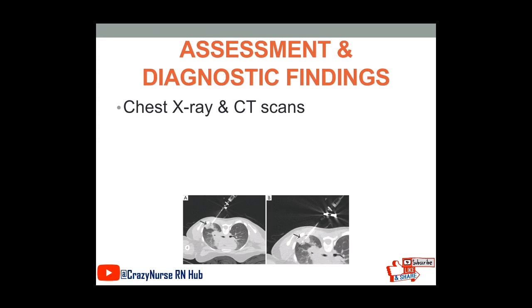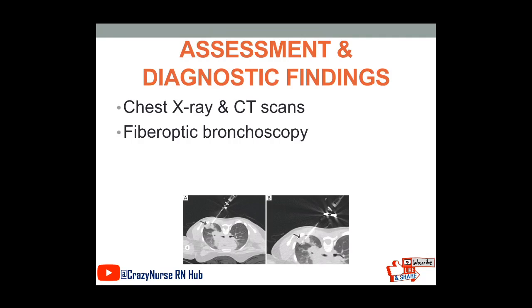For the assessment and diagnostic findings, we have to perform chest X-ray and CT scans. Also, we have here your fiber optic bronchoscopy, which is commonly used. It provides a detailed study of the tracheobronchial tree and allows for brushings, washings, and biopsies of suspicious areas.